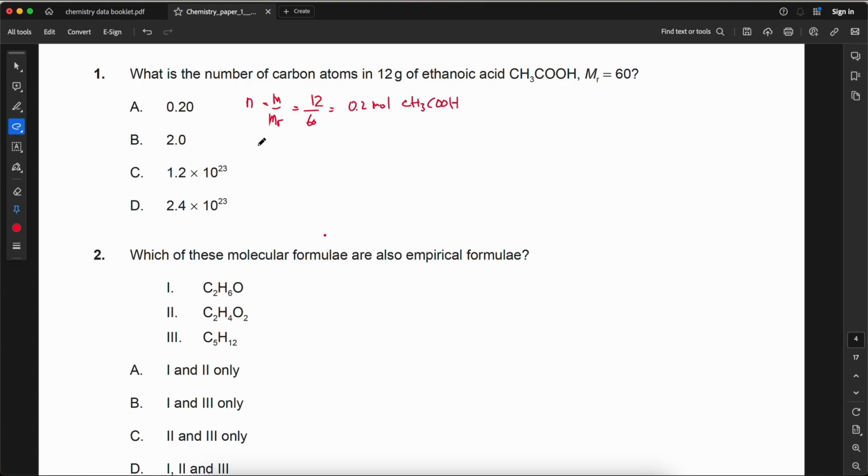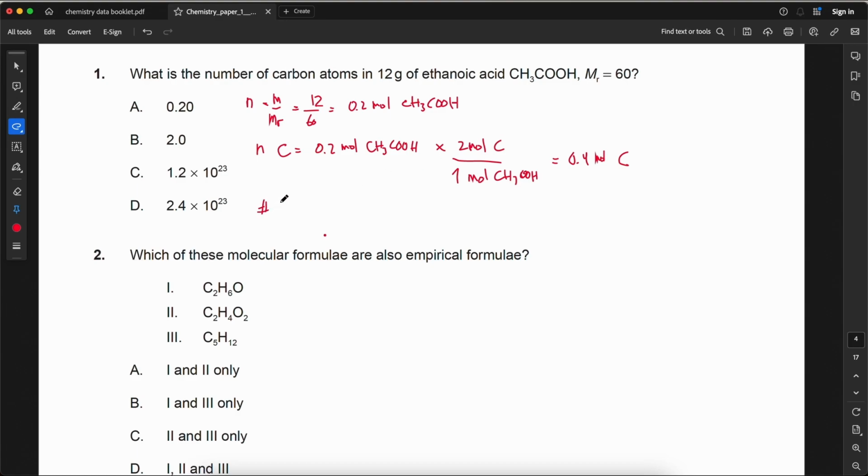And now we need to find out the mole of carbon. So 0.2 mole of ethanoic acid times 2 mole C, because it has 2 carbon atoms in ethanoic acid, per 1 mole ethanoic acid, and you get 0.4 mole carbon.